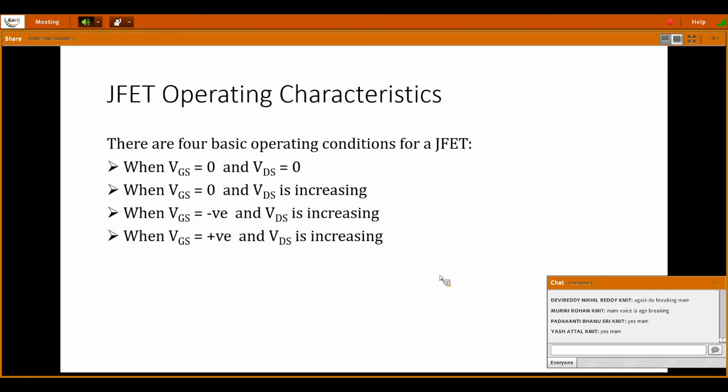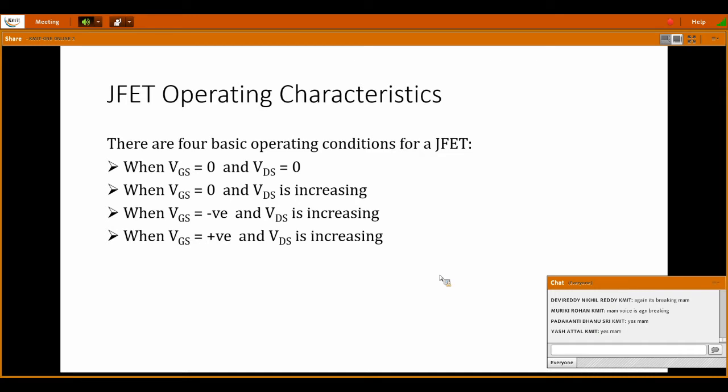That is, we are maintaining the gate to source voltage at 0 level only, and increasing the drain to source voltage. What happens to the FET operation then? That we will see. Then we will move on to VGS negative and VDS still increasing. And the fourth condition is when VGS is given positive voltage and VDS is increasing. So all the 4 phases we will see.